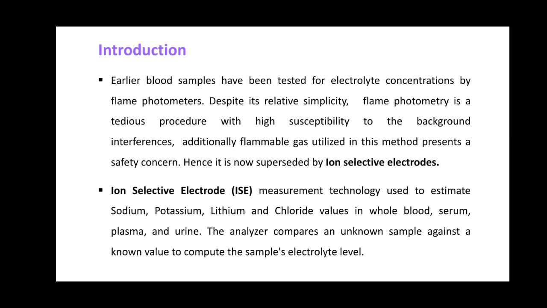So they prefer ion selective electrodes over flame photometers. And here the measurement technology is used to estimate sodium, potassium, lithium and chloride values in whole blood and also in serum, plasma and urine.